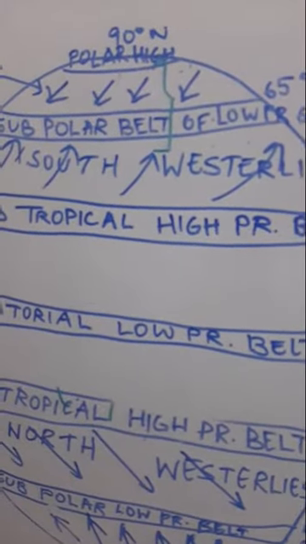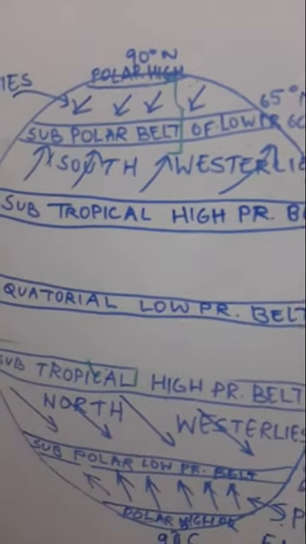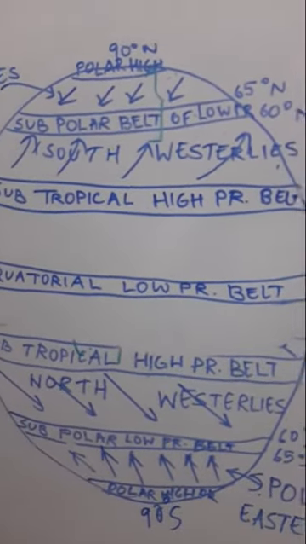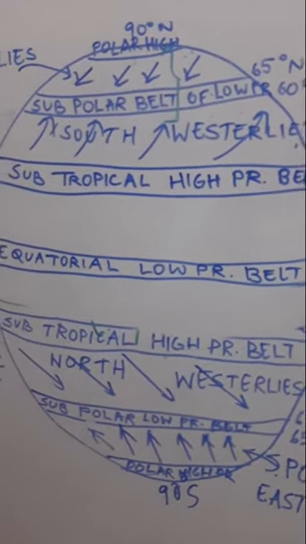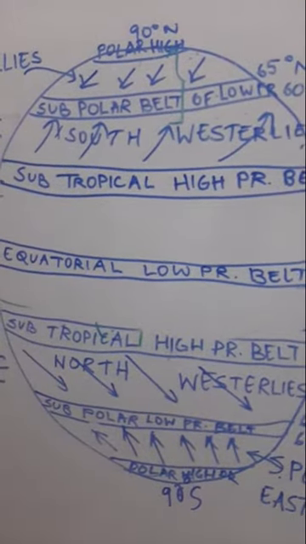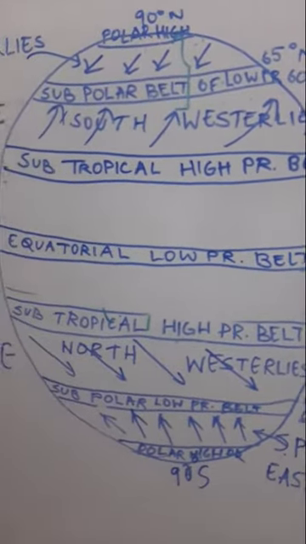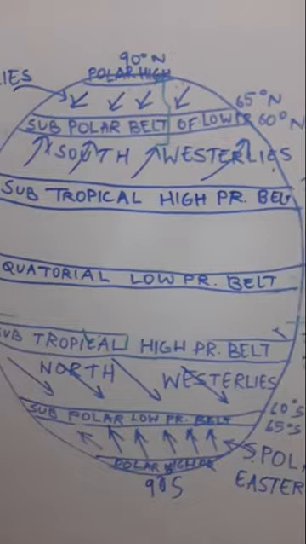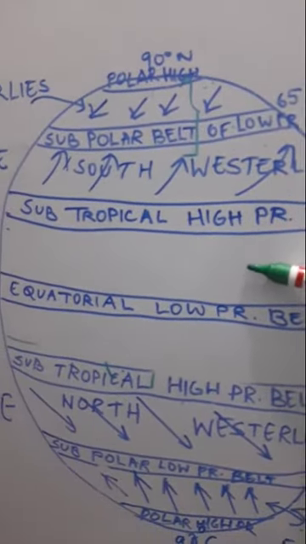But I had told you that all the pressure and wind belts shift south and north of their position according to the season. So during winter months, what happens? All the belts shift to the south of their position.